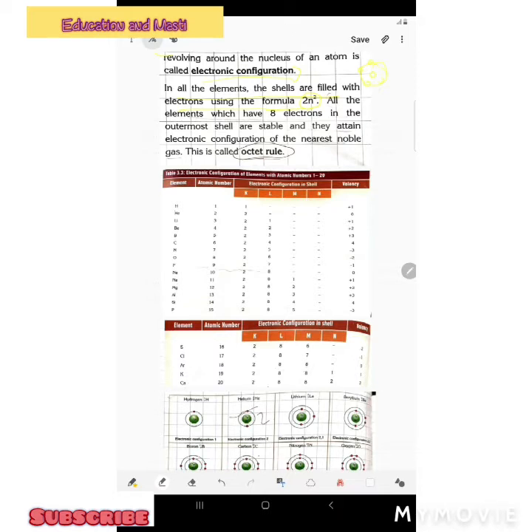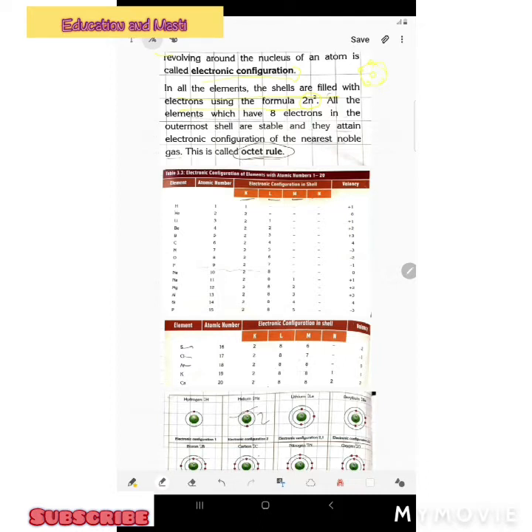And what electrons are present in each of the shells? The K shell you can term as 1, 2, 3, 4 also, but basically it is taken as the K shell. And here one more 5 we have: sulfur, chlorine, argon, potassium and calcium.